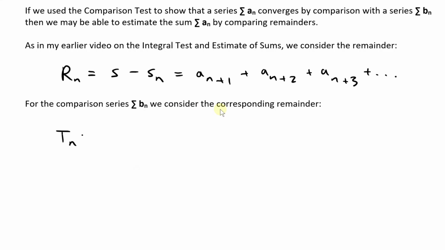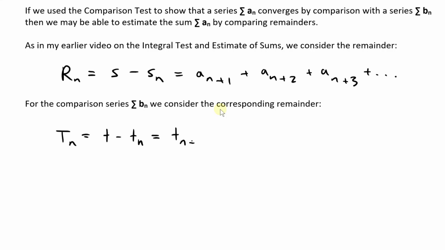So Tn is equal to, well, this is going to be T, the actual sum, so this is the remainder of the comparison one: lowercase t minus the partial sum Tn, as accurate as you want to calculate up to. The remainder is going to be the remainder terms after the one that you calculate up to.